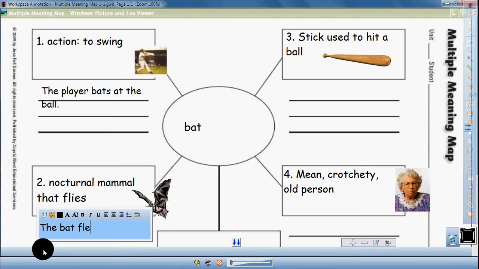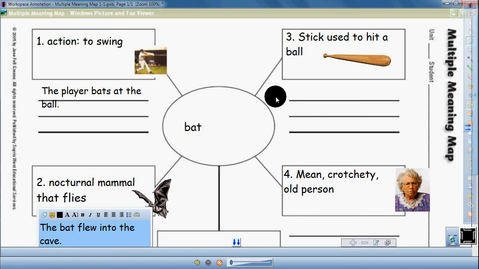Flew, that's the past tense of flies. The bat flew into the cave. And there is a good sentence for number 2. The bat flew into the cave.